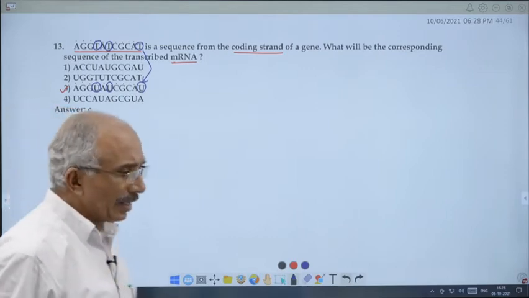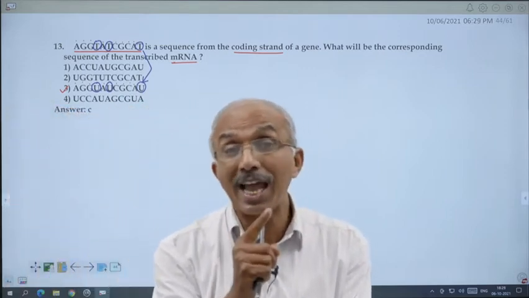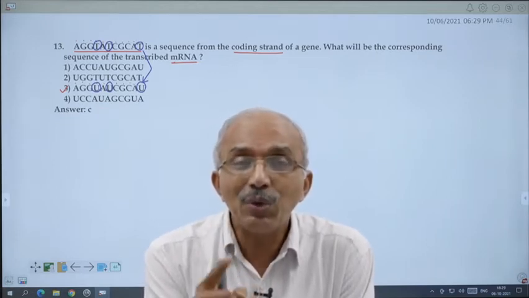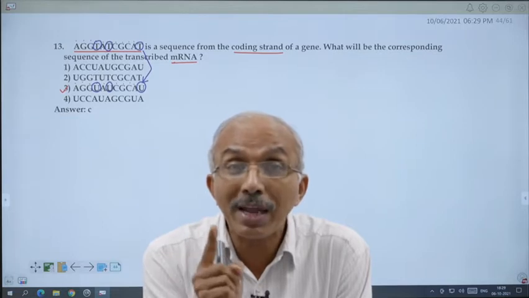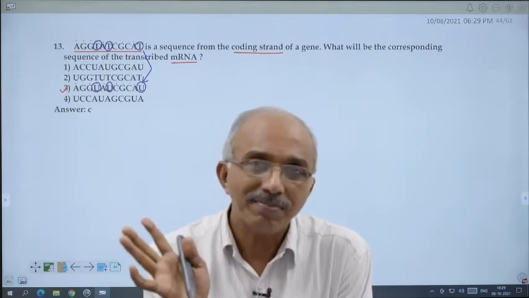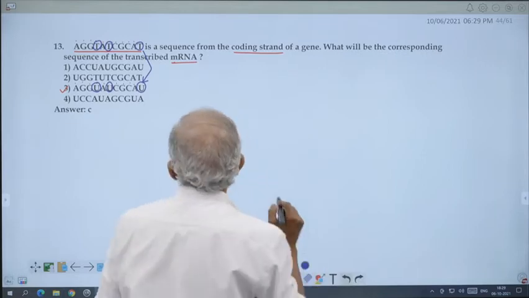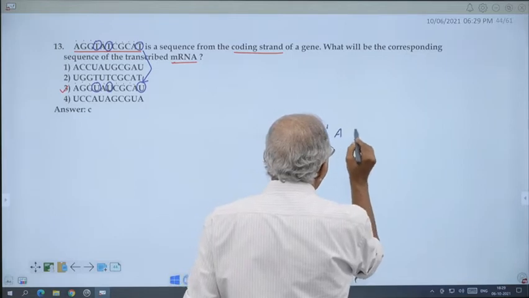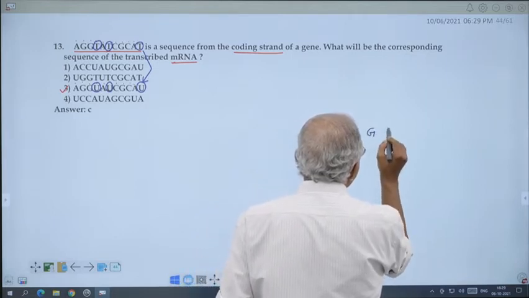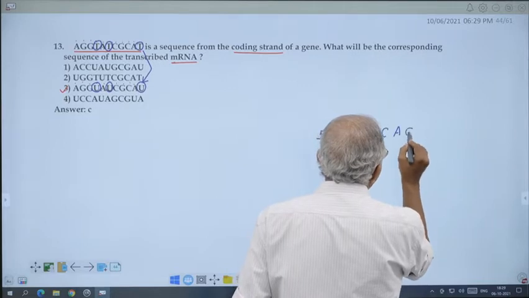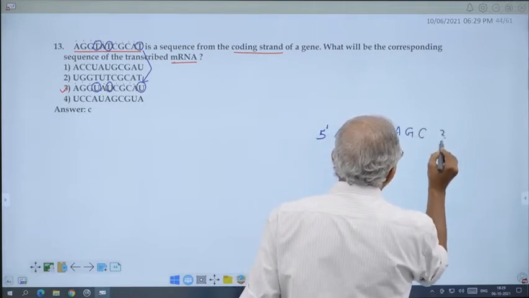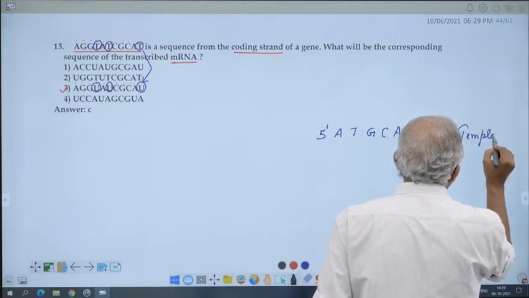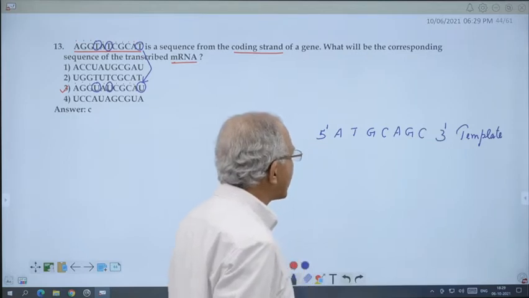If the coding strand is given, you write it like this. But if the template strand is given, you should write the complementary strand. For example, 5 prime, A, T, G, C, A, G, C, 3 prime. If the template strand is given and the coding strand is asked, you write the complementary sequence.